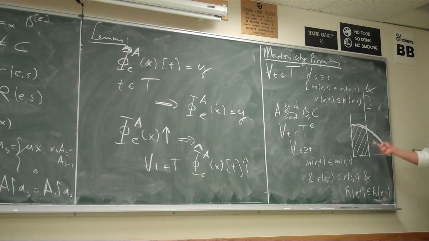So that means that the higher priority requirements, the requirements that get to ignore whatever this eth requirement desires because they're higher priority, that could just enumerate in here whenever they want, don't, because it's a T_e true stage. And the lower priority requirements, they only enumerate above the imposed restraint, and so they don't enumerate in here. Because if a lower priority requirement enumerates in here, it would break the restraint, and our construction doesn't do that.